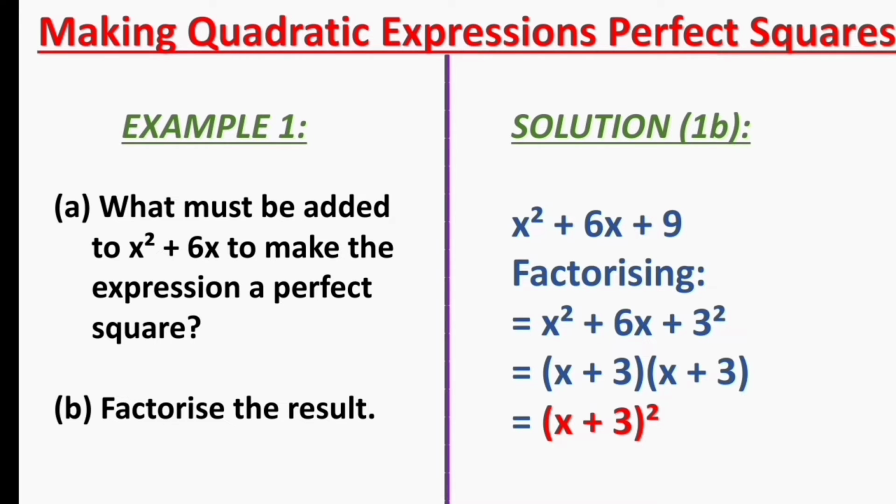When we factorize this perfect square expression, we are going to have x plus 3 and another x plus 3, because x is a square, 3 is also a square. That gives us the result (x plus 3) all squared from factorizing. I hope this solution is clear to you.